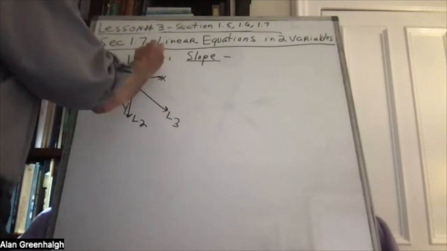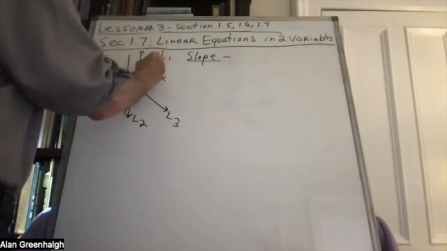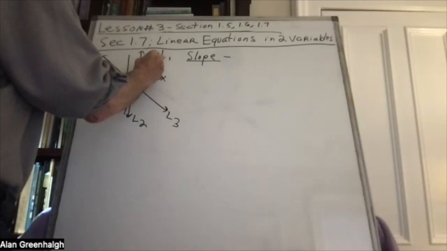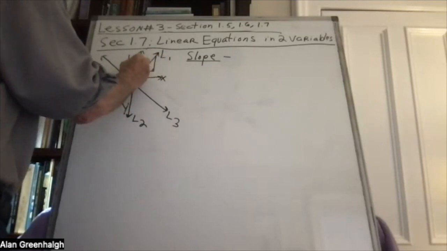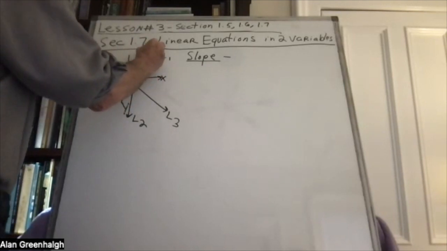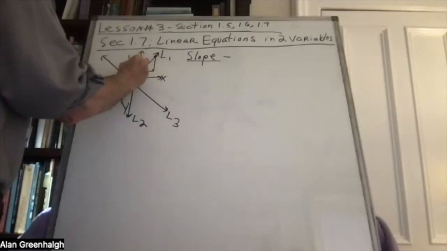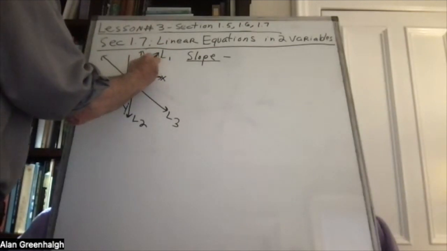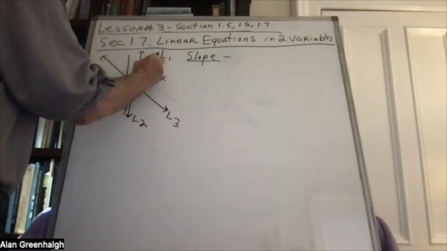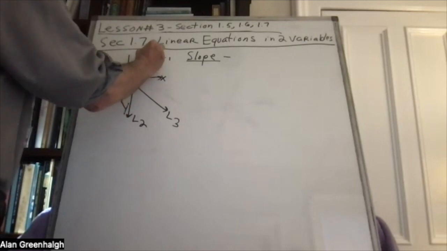For example, here's L1. And in order to get from one point to the other point, we need to go a little bit in the X direction, and then a little bit in the Y direction.